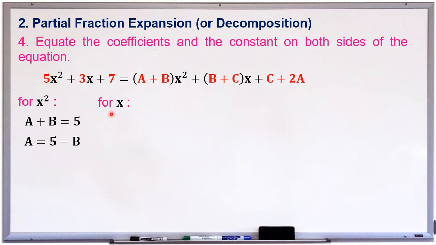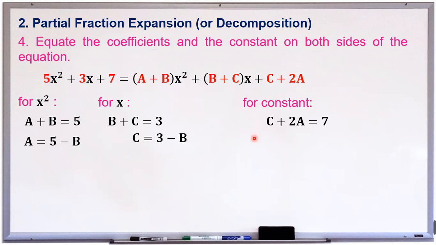Now, for the constant, since we already have an expression for a in terms of b, we can substitute this one into our equation for the constant, as well as c, because we already have an expression for c in terms of b. So therefore, we now have an equation that contains a single unknown, and that is b.